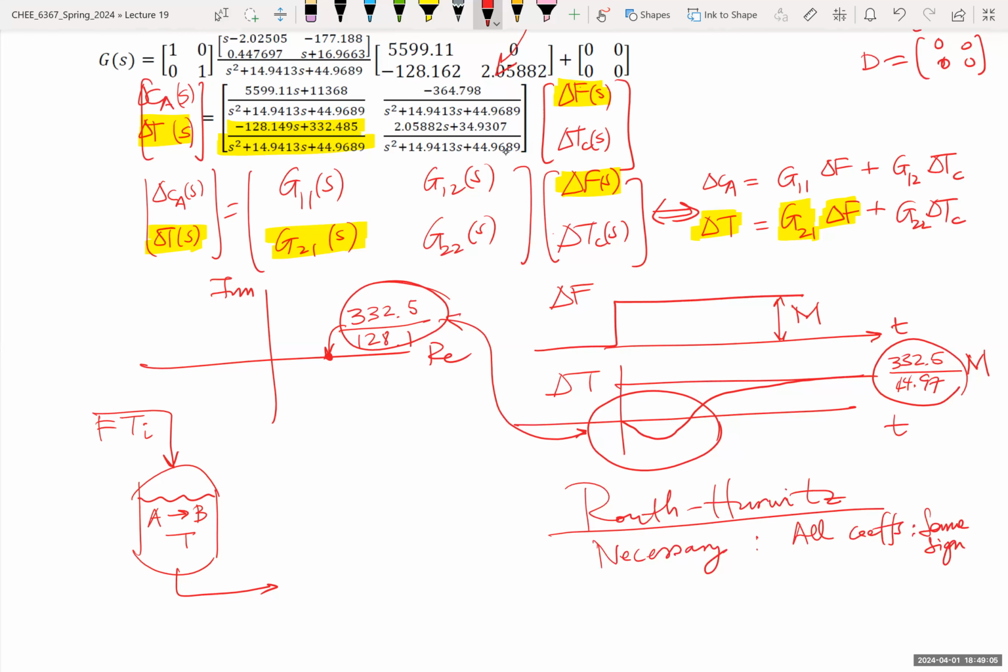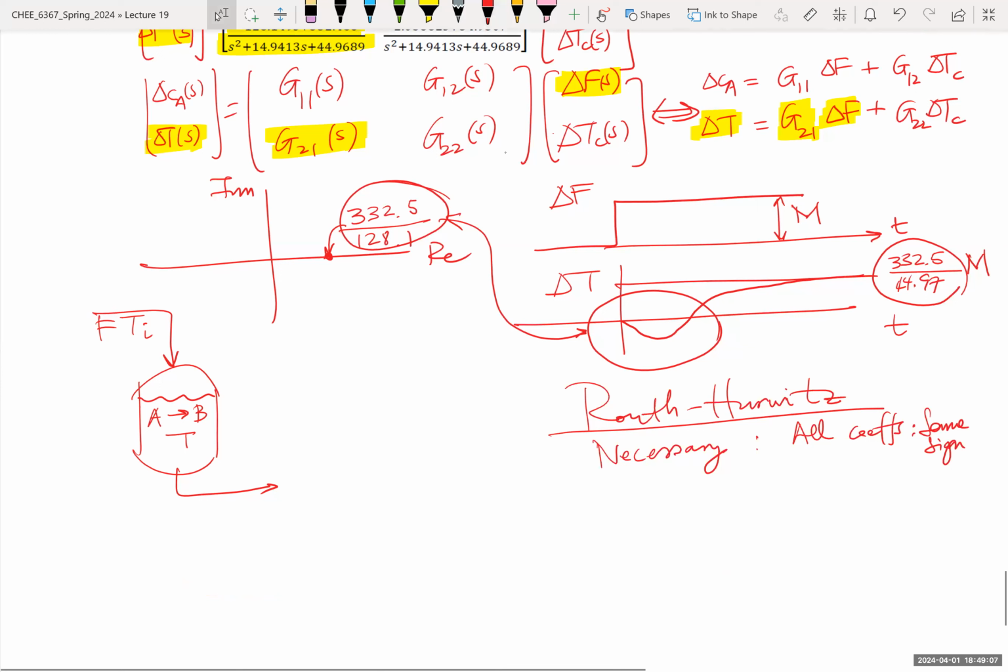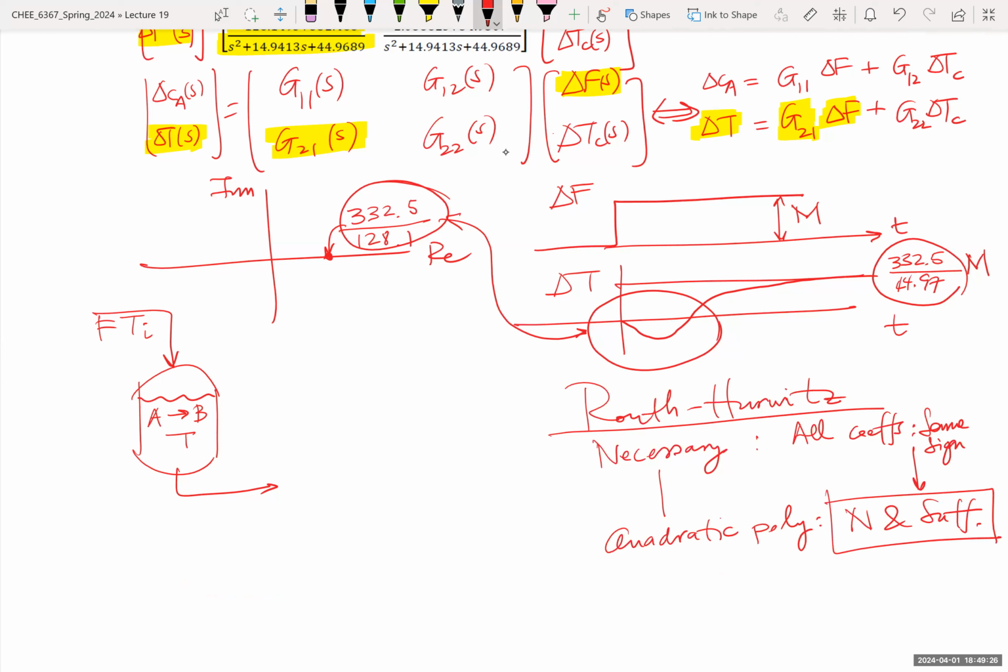There are a few more simple formulas that make this necessary and sufficient. But for a quadratic polynomial, it is necessary and sufficient that all the coefficients have the same sign. So if all three coefficients have the same sign, both roots are in the left half of the complex plane, whether real or complex. All three are positive, good. This is a nice stable system. The individual poles are stable, the individual transfer functions are stable, the individual zeros are okay.